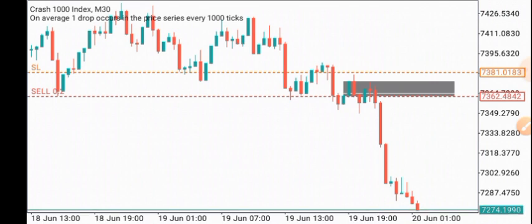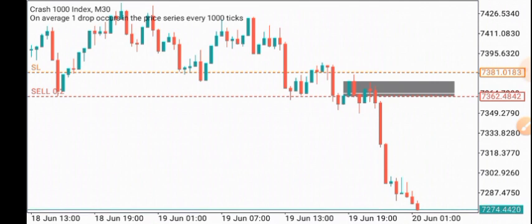It shows you an area where the big players placed their orders using pending orders, like the buy limit and sell limit. So when price gets to that area, the order is executed and price runs in that direction.